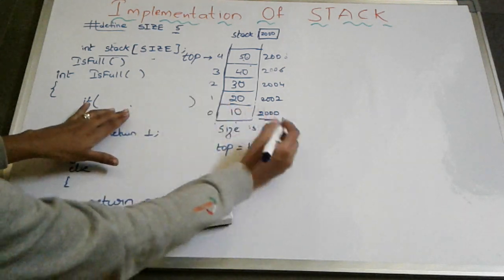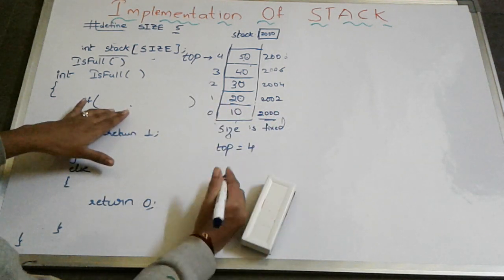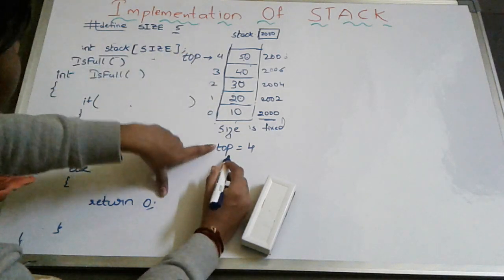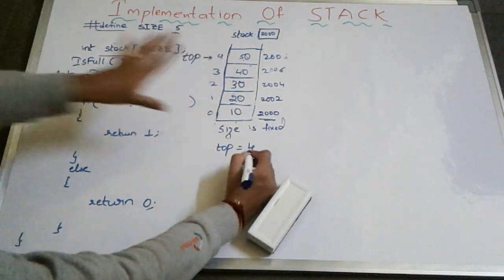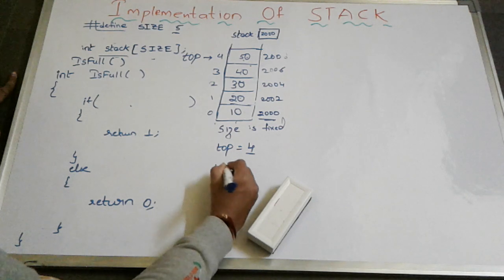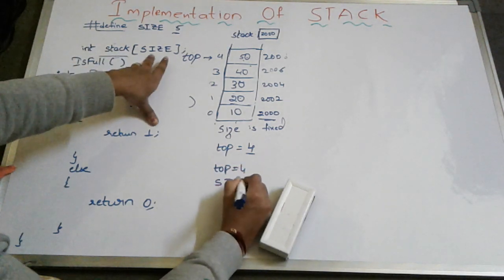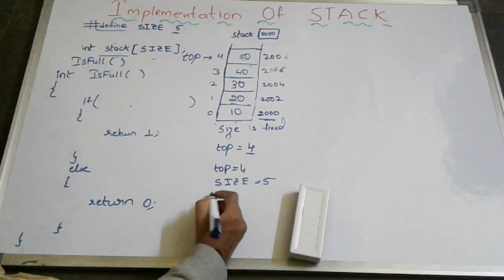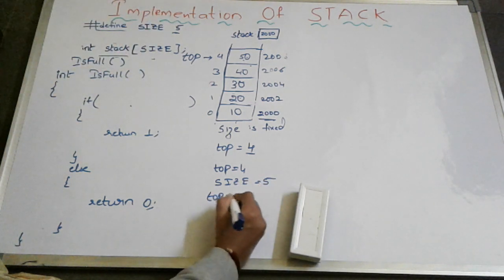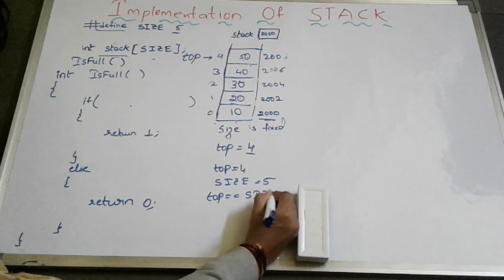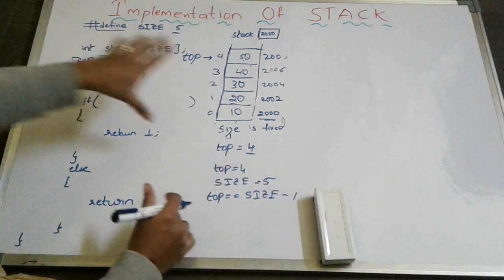Now how? Okay, is full. See here the stack is full, right? Here top is 4 and what is size? Size is 5. That means whenever the top reaches size - 1, the stack is full.